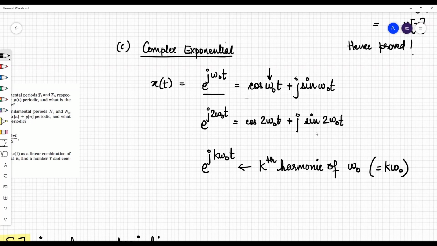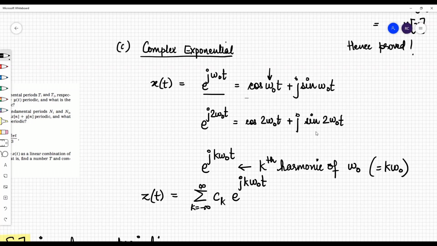Now, what is meant by linear combination of harmonically related complex exponentials? The question requires us to write z(t) in the form of a linear summation of some coefficient times e to the power j k omega naught t, right? So this is like, let k be from minus infinity to plus infinity.